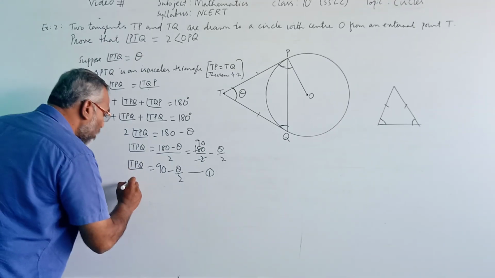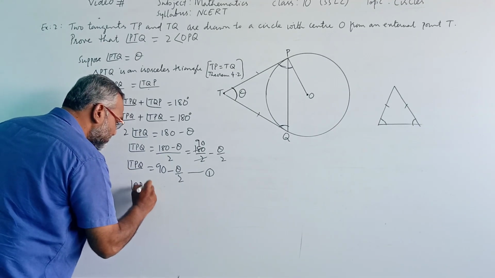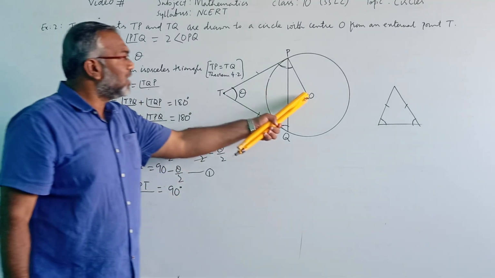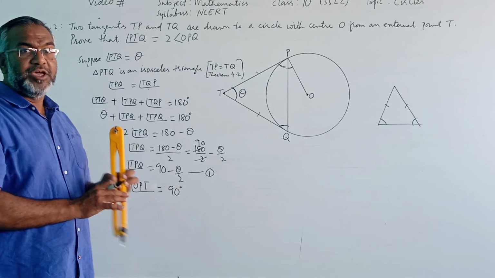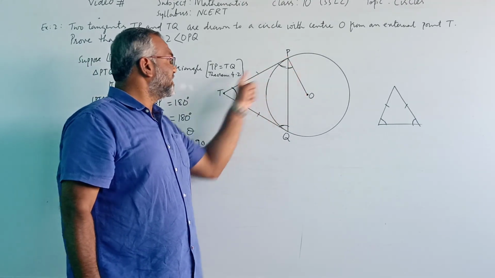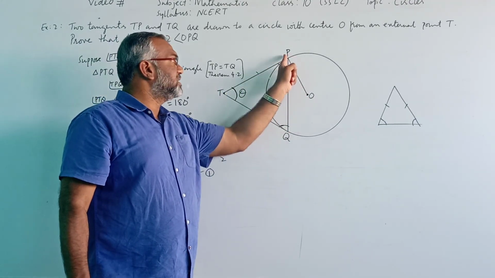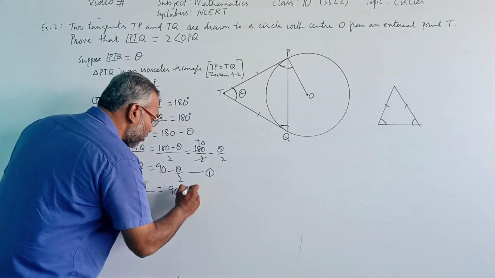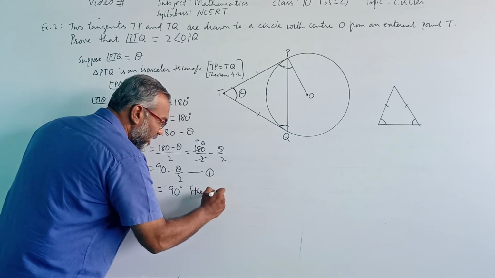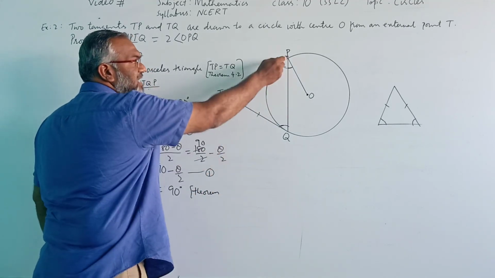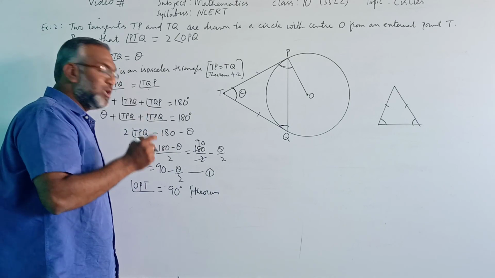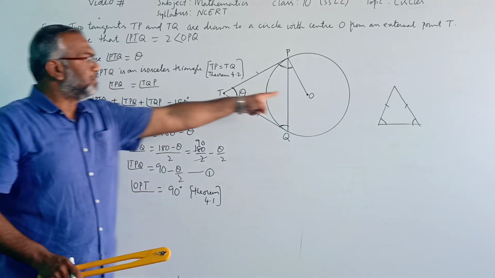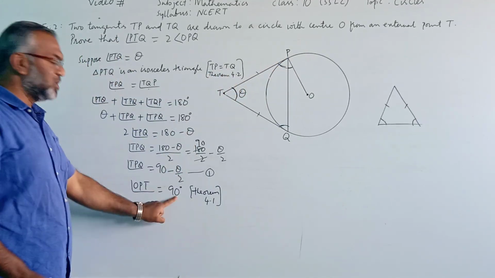Angle OPT is equal to 90 degrees. Now the question comes, why is angle OPT equal to 90 degrees? Because of the angle between radius and tangent. OP is the radius, TP is the tangent. Theorem 4.1: the radius and tangent at the point of contact are perpendicular to each other. Therefore theorem 4.1 says OPT is equal to 90 degrees.